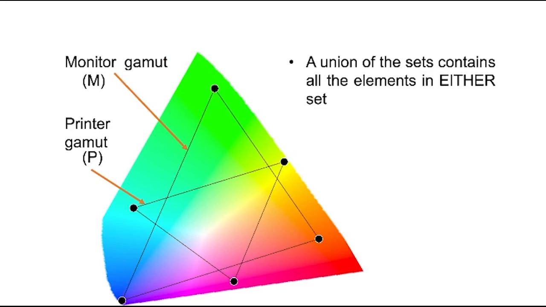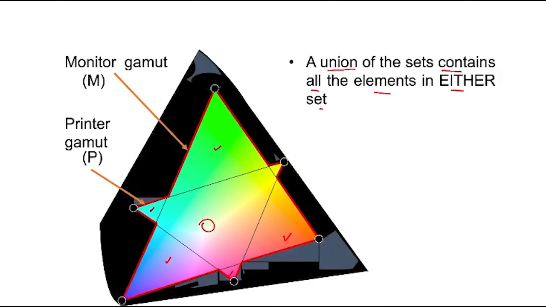So the first terminology is called union. Union of the sets means it contains all the elements in either set. This is one region, this is the other region, and the common segment we also have to take. So in the figure, all these regions will be the answer.